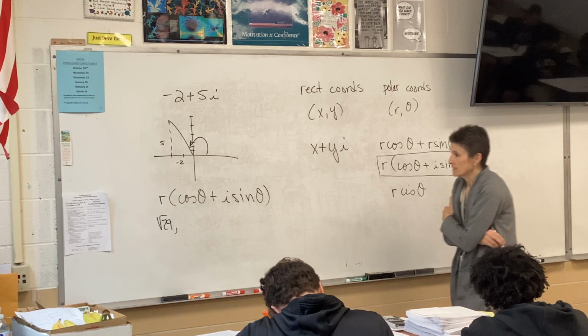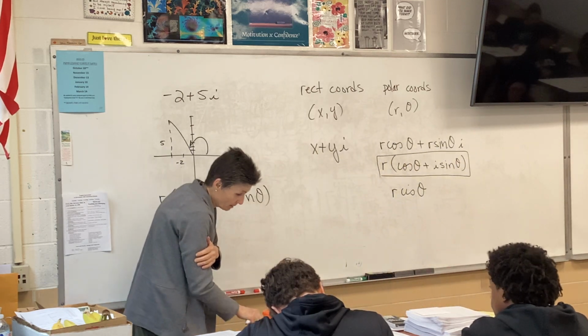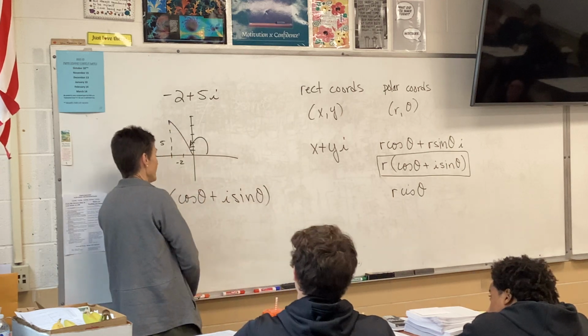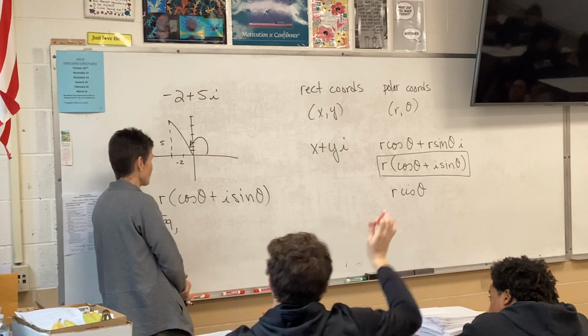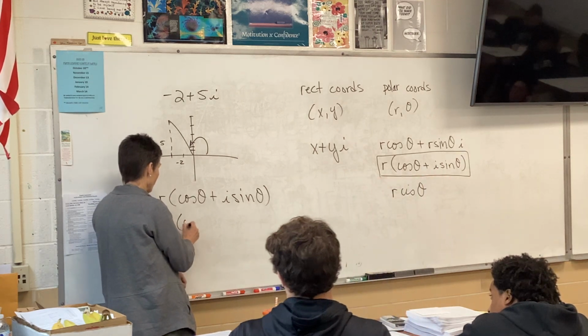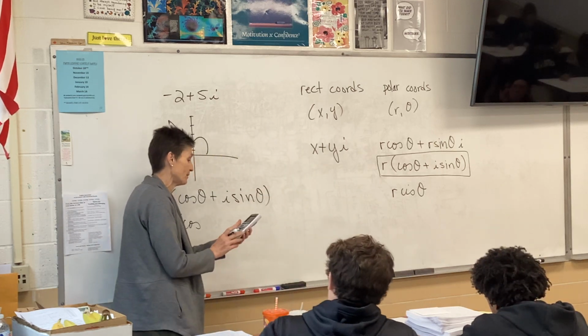All right, so what's my theta between 0 and... it doesn't tell me whether to use degrees or radians, so we'll do this one in degrees, and we'll do the next one in radians. My r is root 29. What's my angle? How am I going to figure that out? I'll do it in degrees.